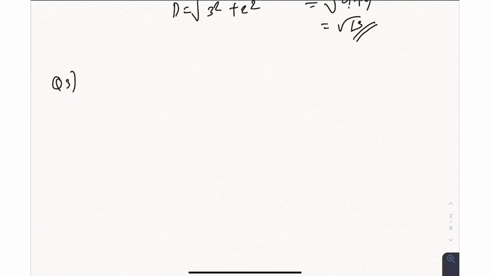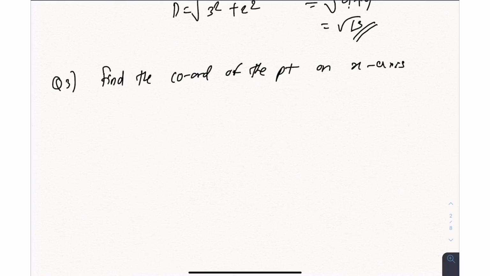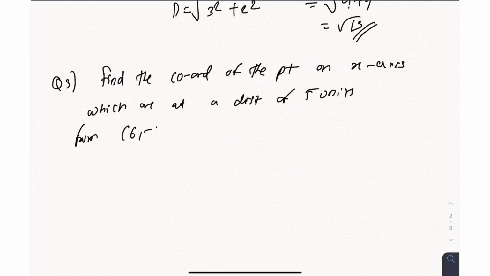So now the next question is, find the coordinates of the point on x-axis, which are at a distance of 5 units from the point 6 comma minus 3.